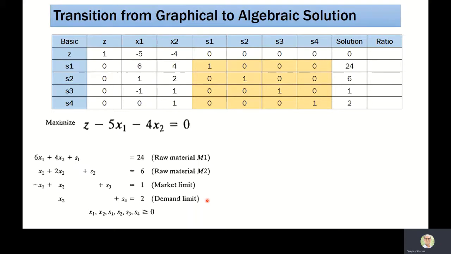So 4 basic variables and 2 non-basic variables. Now among the set given at the bottom, how can we decide which should be basic and which should be non-basic at the beginning?